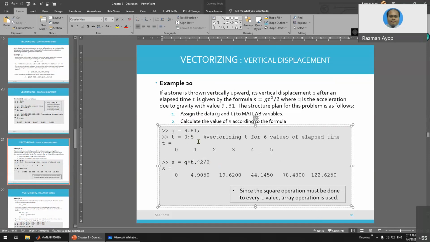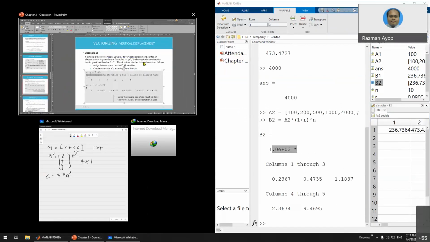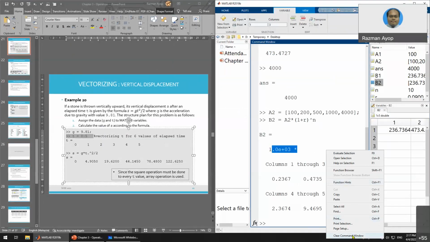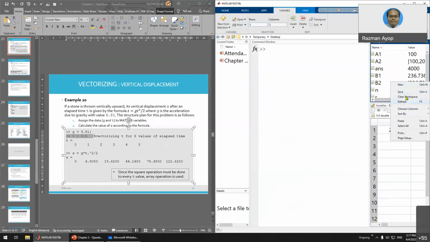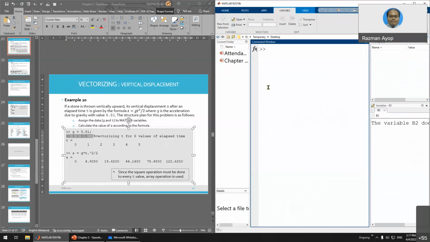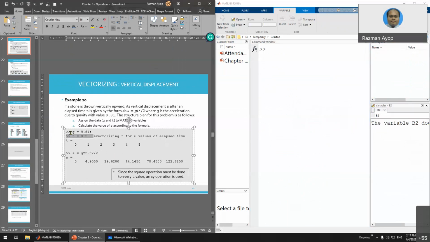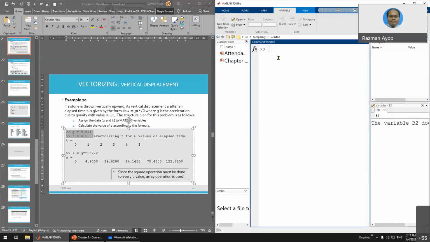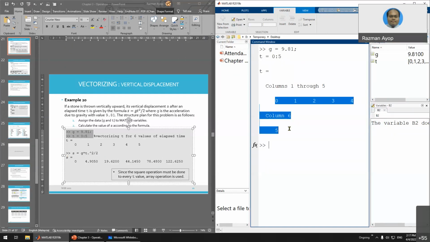The same way as before, you have to insert the variables first. So first you insert the constant and of course the variable parameter. 0 to 5 means that it will create an array, a vector, from 0 until 5.